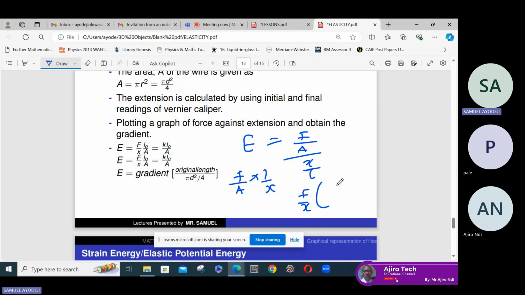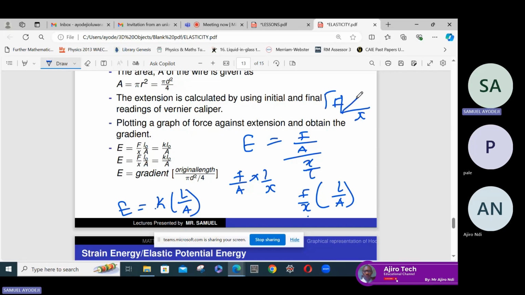Then I'm going to have L over A. What's F over x? The spring constant, that is k. So that will give you k, then I have L over A. Remember, k is the gradient of a graph of F against x.